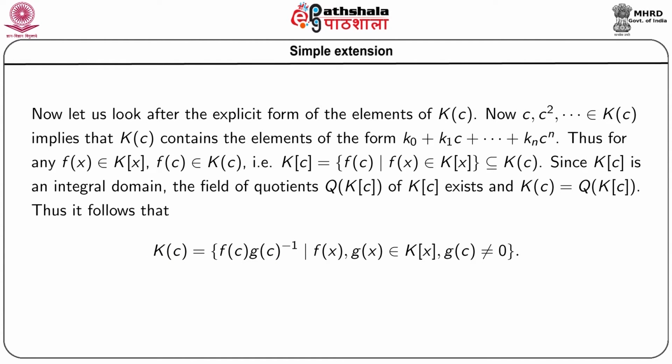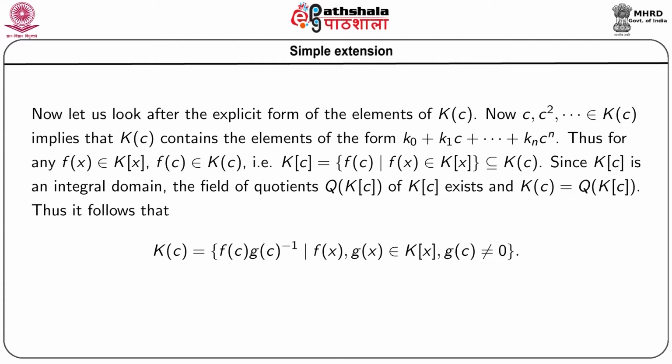Now, we express the elements of K(c) in terms of c and the elements of K. Since K(c) is a field and c belongs to K(c), we have c, c squared and so on, all in K(c), and hence K(c) contains the elements of the form k0 plus k1 c plus so on plus kn c to the power n.